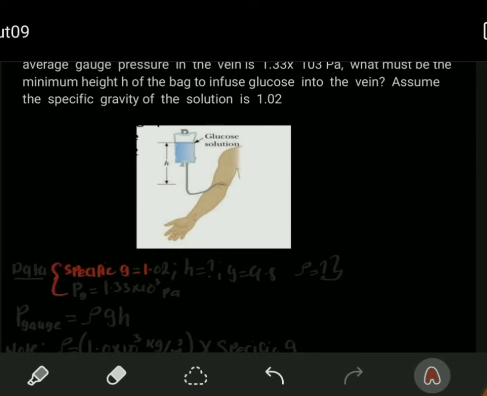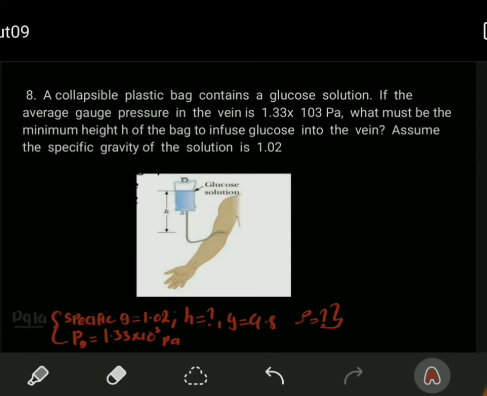We have the specific gravity of 1.02, the height to which this bag must be raised, we do not know, and the value of g is 9.8, and the density is also not known, because this is a glucose solution, so you don't know the density of this fluid. Also, the gauge pressure is given as 1.33 times 10 to the power 3 pascals. So gauge pressure is given and we want to find the value of h.